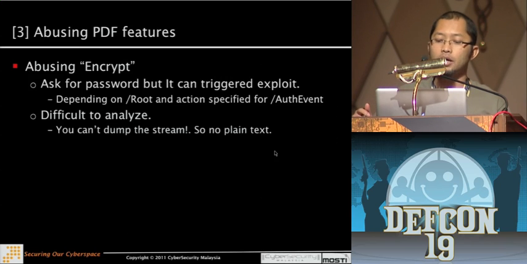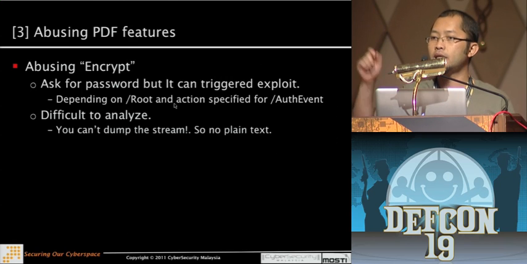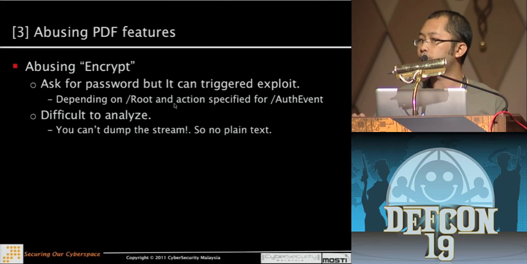We have a sample where, depending on the /Root where it starts, while you're busy entering the password, it can already drop an exploit that triggers the exploitation. Then of course, it depends on the event, like an auth event, for example /OpenAction. It will trigger when you open the PDF.